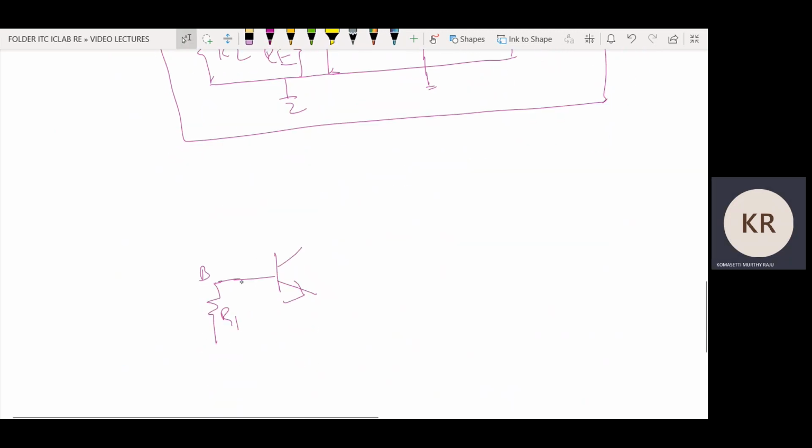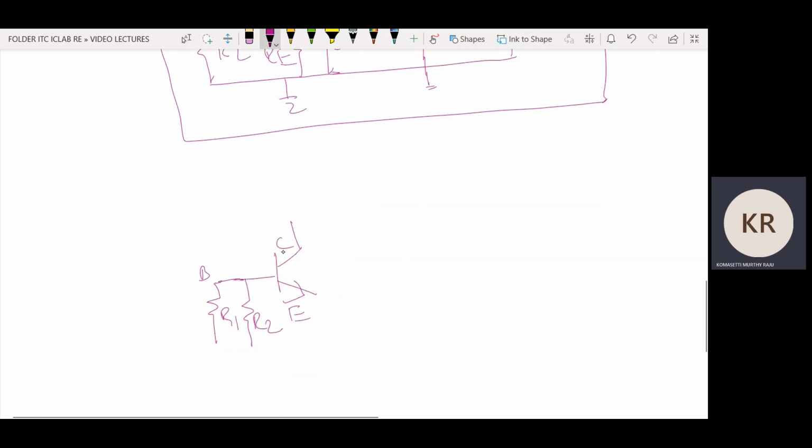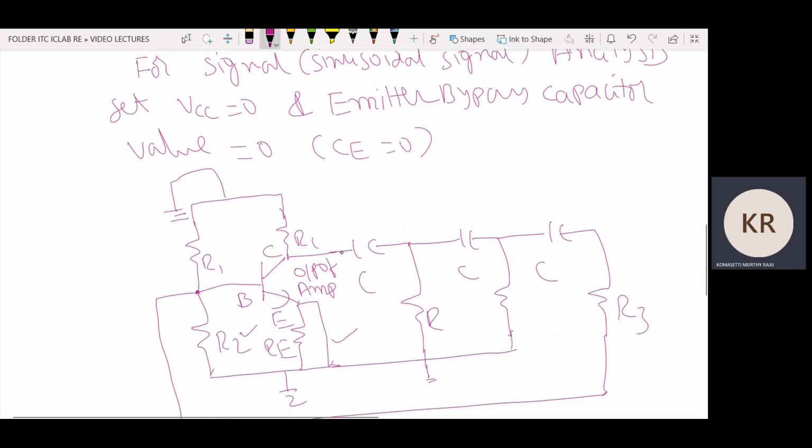Also R2 is connected between this point and ground. This is the base terminal, this is the collector terminal, this is the emitter terminal. Whenever a short is placed across RE, that RE value is equal to 0. Therefore, this one is a short circuit. Next, here RC is there.